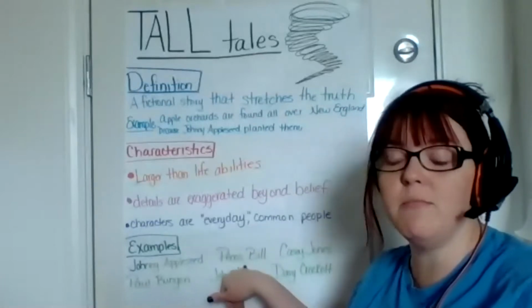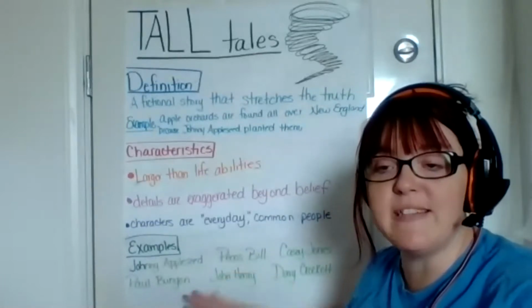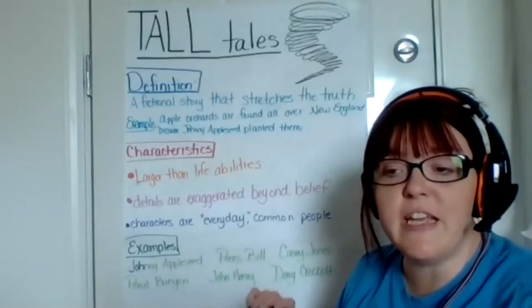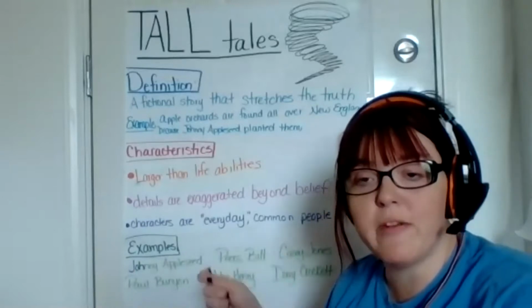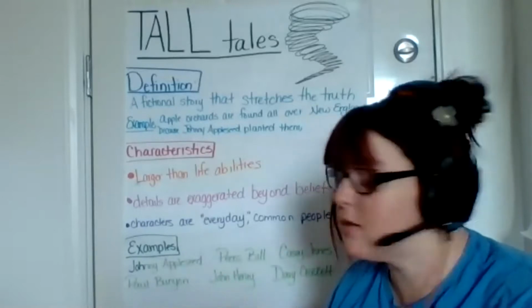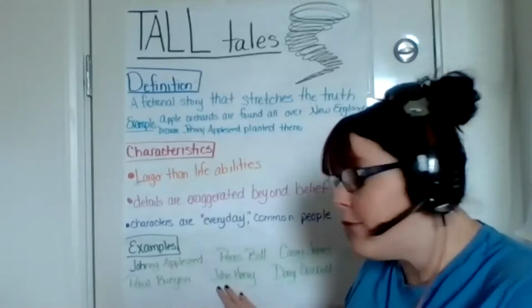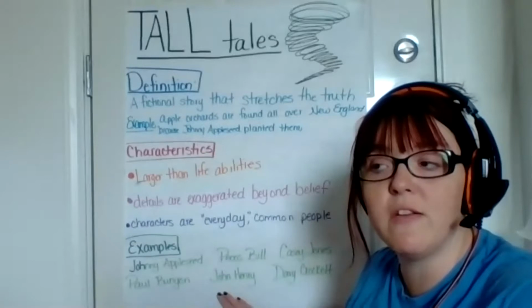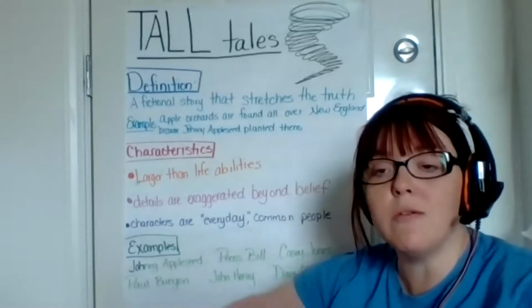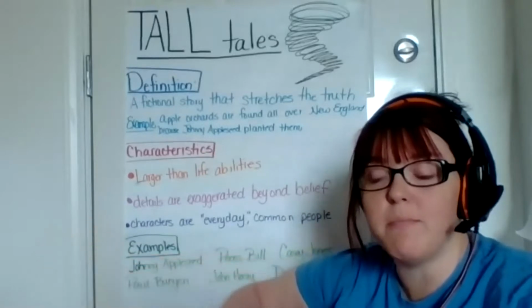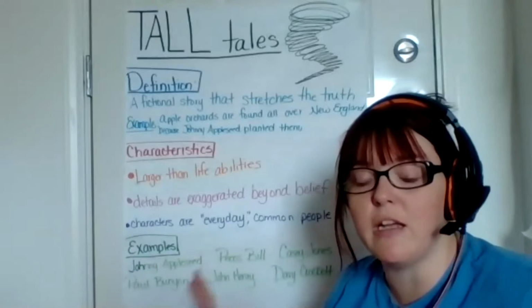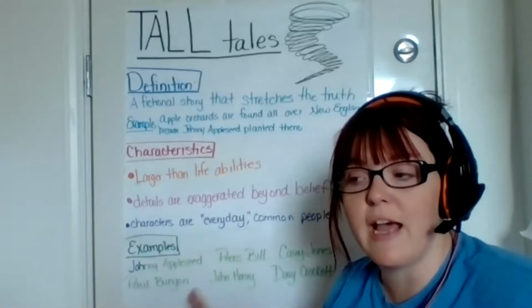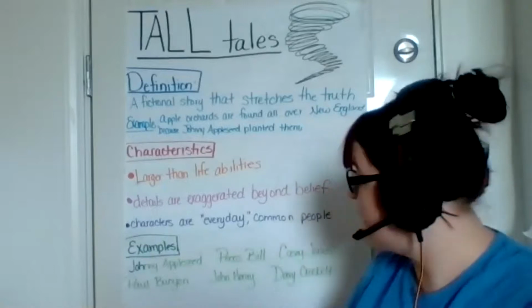Pecos Bill was a cowboy in the West Texas area, and they said that he was such a good cowboy he roped a twister and rode it like a horse. John Henry was an ex-slave who built railroads faster than machines. There was a big race between him and a machine that built railroads, and he beat it.